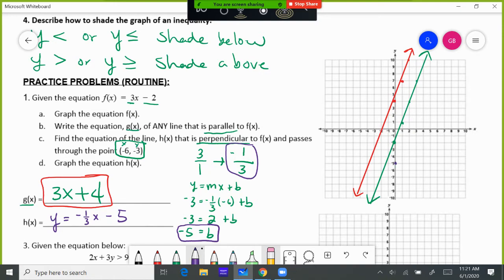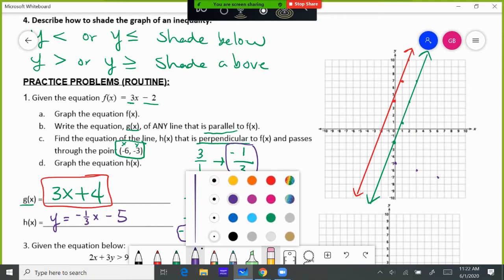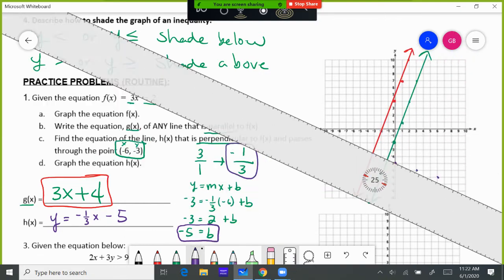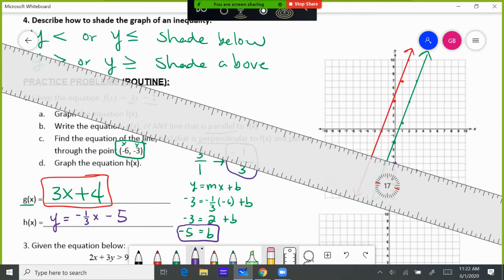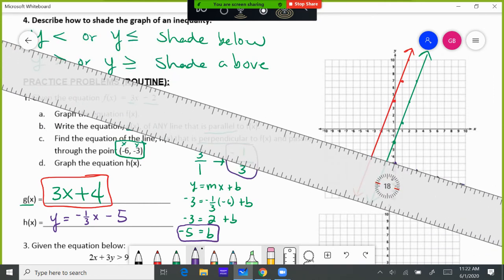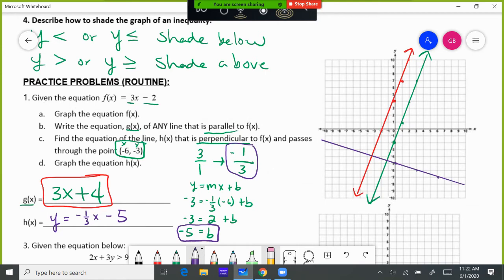So -5 is this y-intercept, and then down 1 over 3. Okay, and you can see how the lines are perpendicular.